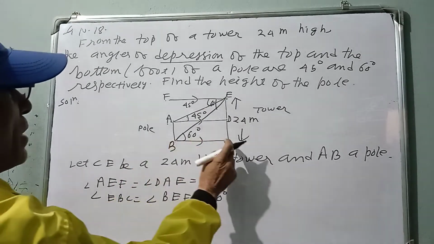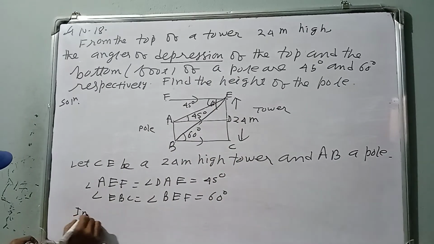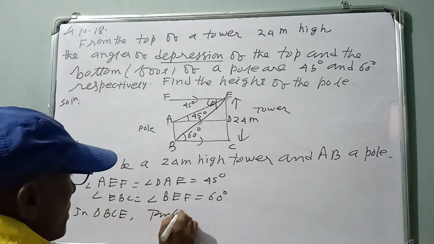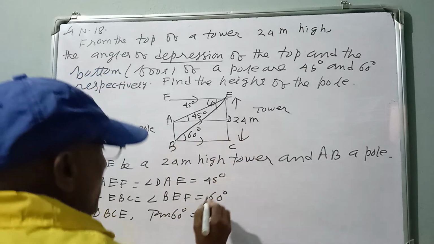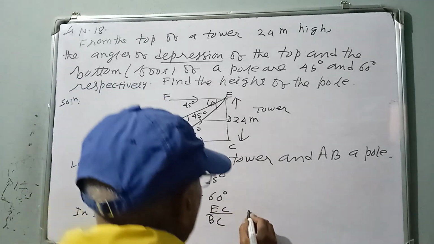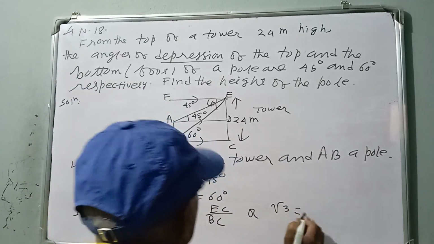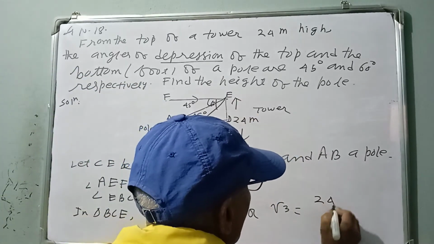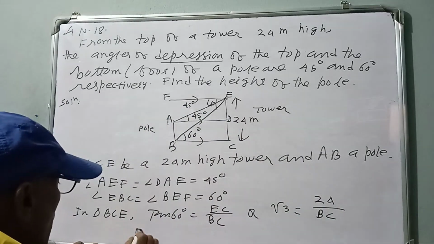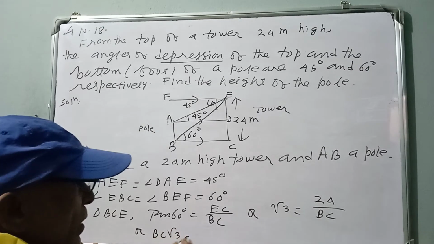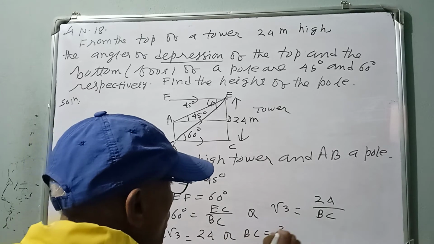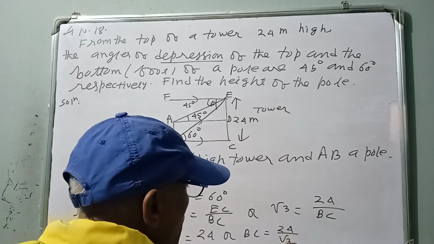First in triangle BCE, tan 60 degree equal EC by BC, P by B, or tan 60 degree root 3, EC 24, BC we don't know. Now find the value of BC, or BC root 3 equal 24, or BC equal 24 by root 3.